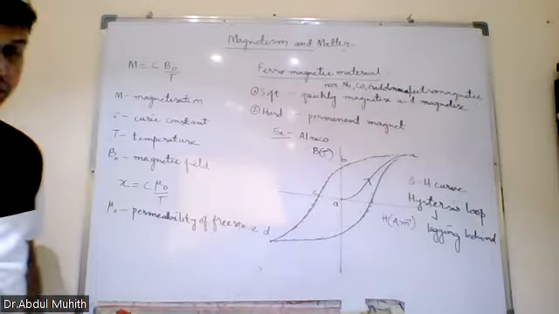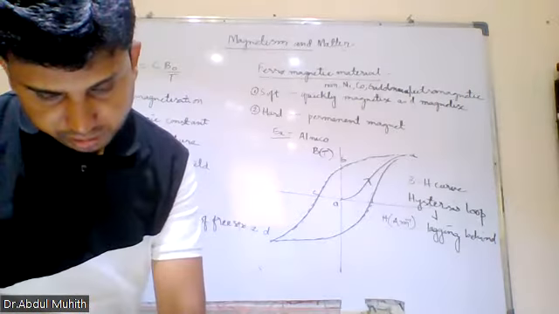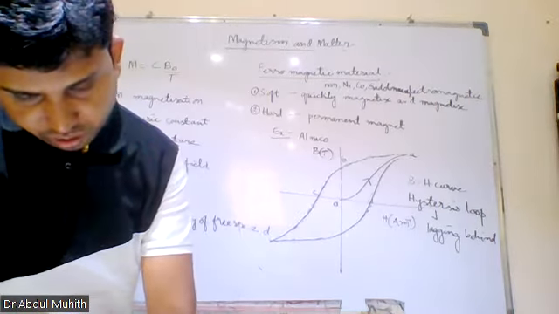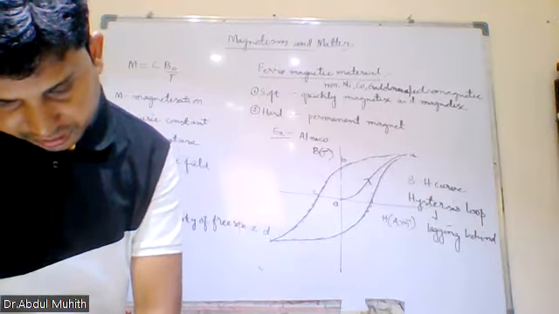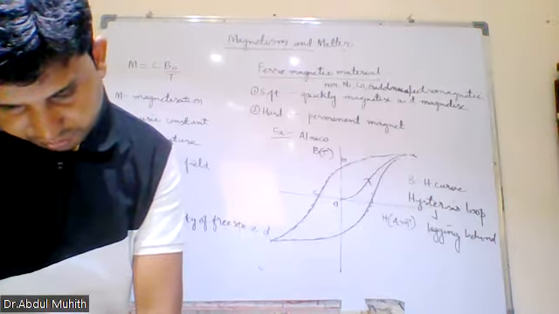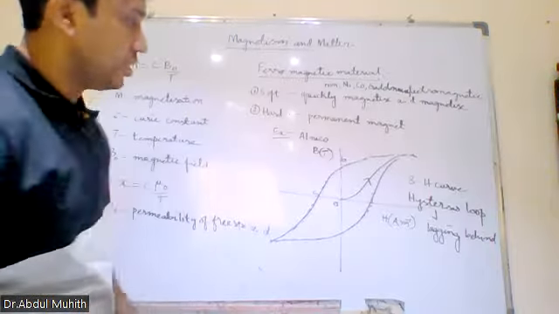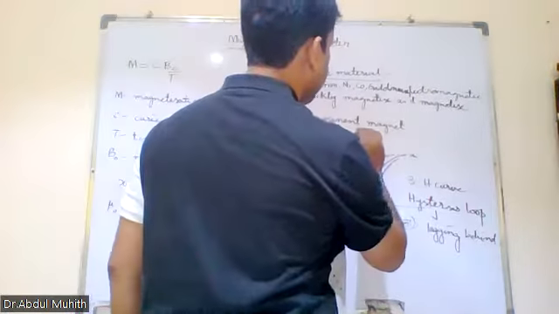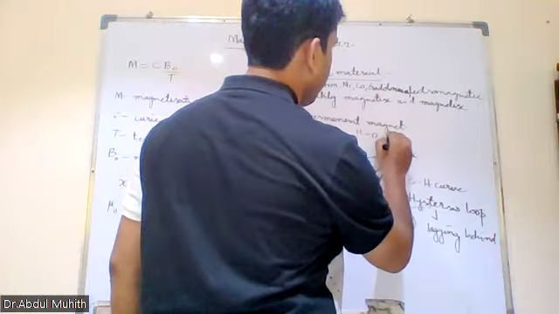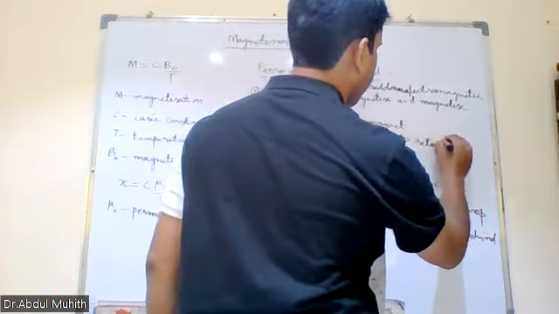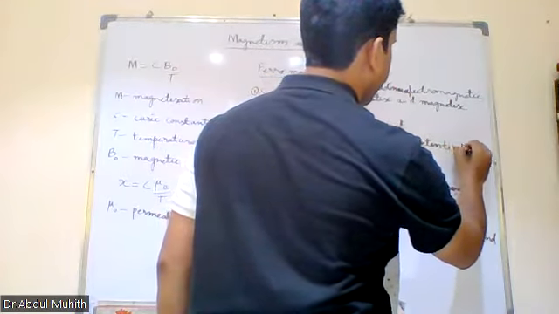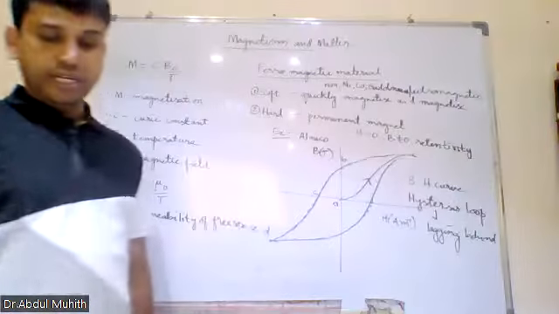Once again, we have two names here. When H is equal to 0, B is not equal to 0. That is said to be retentivity. Retentivity means retaining. Okay, it will retain, retentivity.